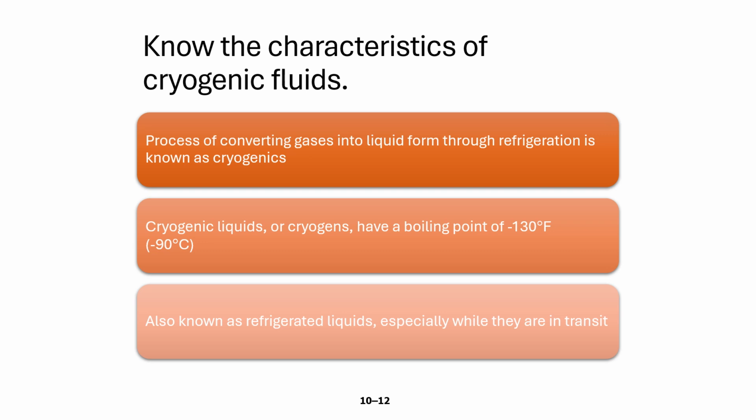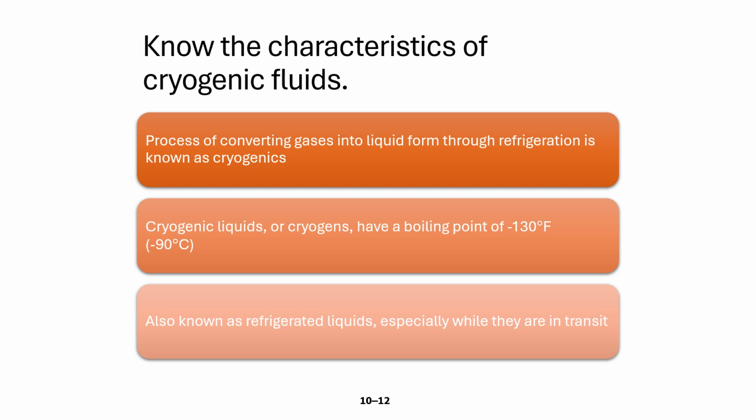So let's talk about cryogenic fluids. It's basically the process of converting gases into liquid form through refrigeration, known as cryogenics. So it's cryogens or liquids. Cryogenic liquids have a boiling point of a negative 130 degrees Fahrenheit.